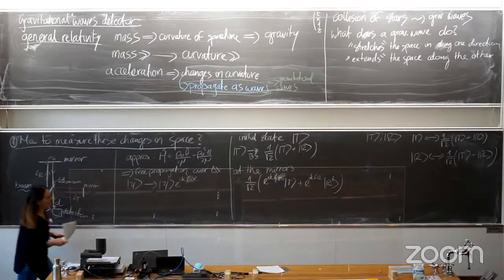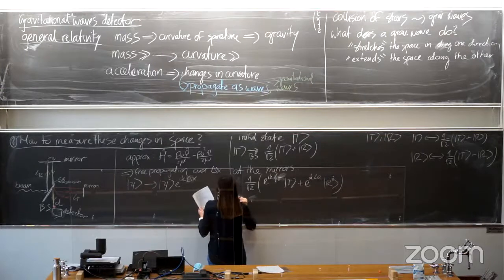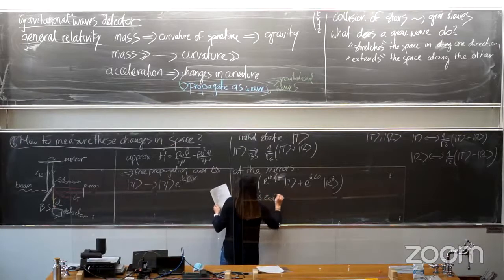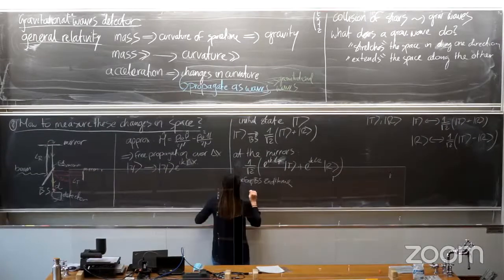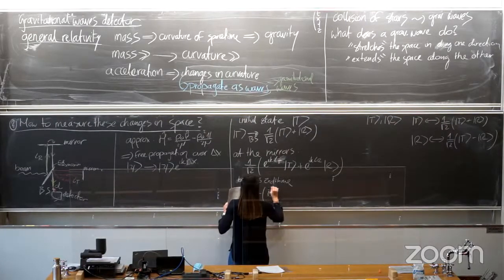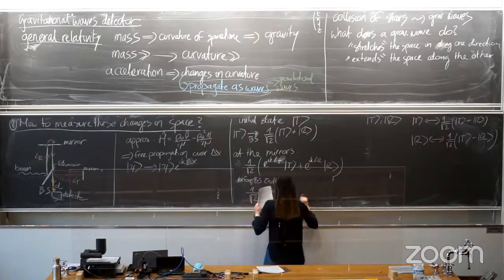So before the beam splitter the second time, we will have 1 over square root of 2 of e to the 2i k LT plus e to the 2i k LR.